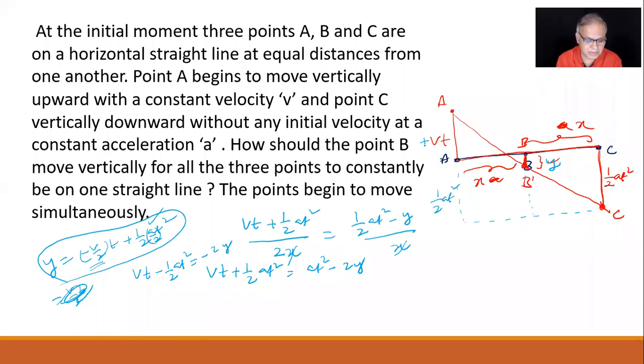So minus V by 2 will be down only, right? Y is plus we wrote here. So I can write it as minus Y equals V by 2 T minus half A by 2 T square. I can say it this way.